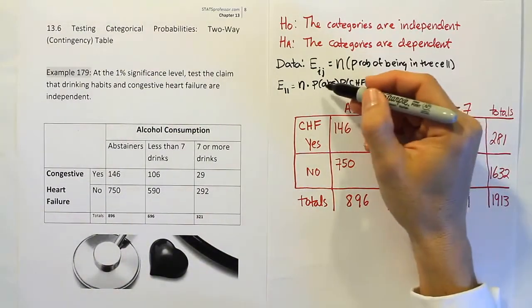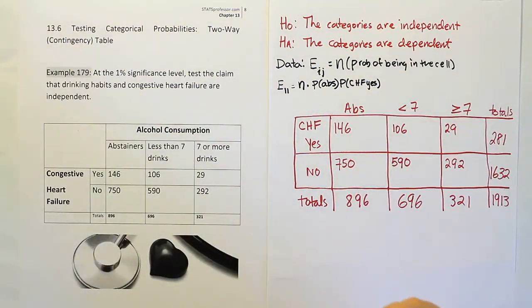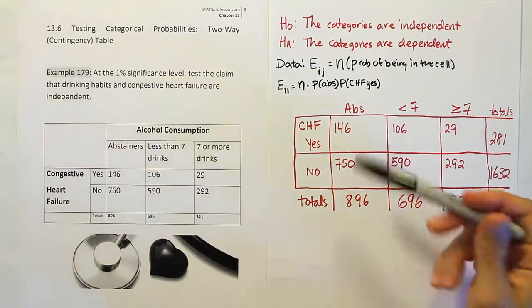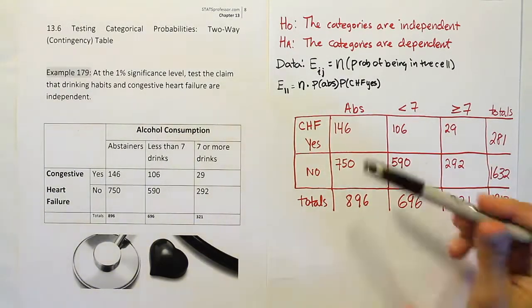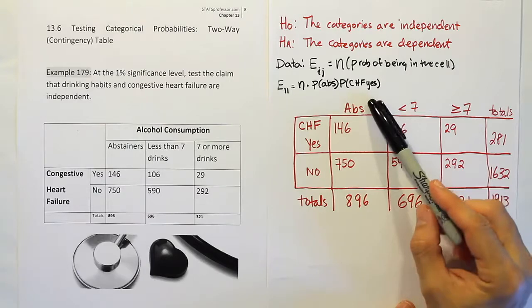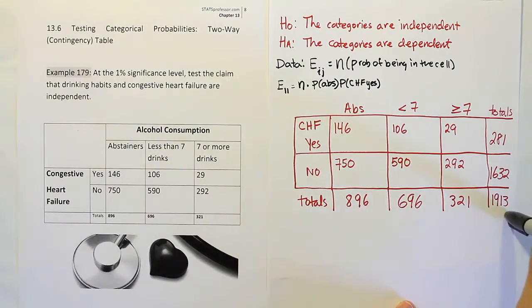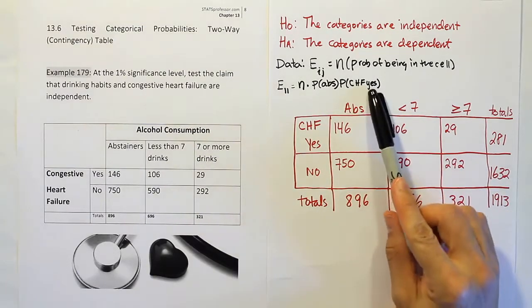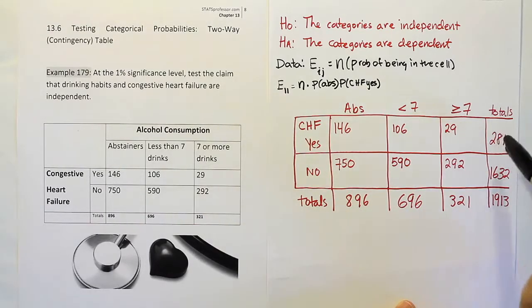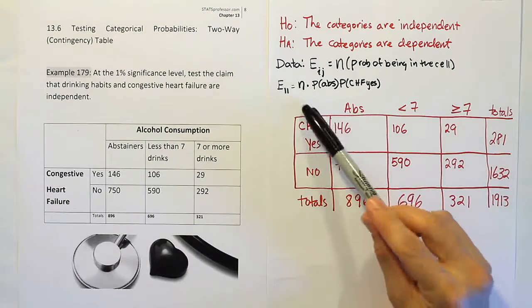So the question is, do we know these probabilities? Well, we don't know them precisely, but we have an estimate of them based on the data we collected. The probability somebody's an abstainer would be approximately the number of abstainers divided by the grand total. The probability somebody has congestive heart failure would be the number of congestive heart failure people in the study over the total, and then we'd multiply by the grand total.